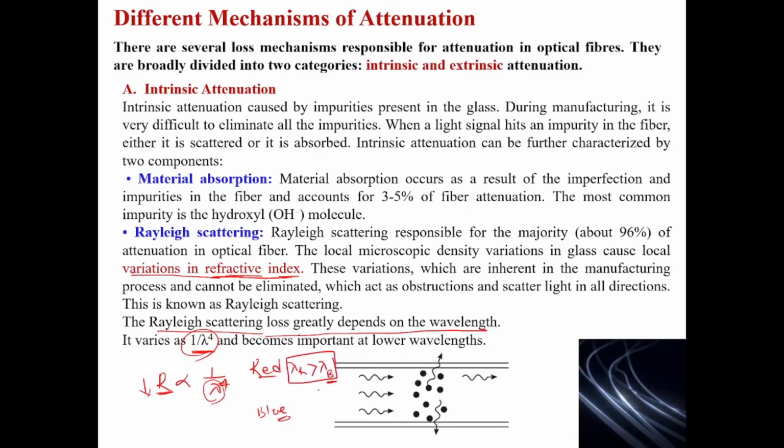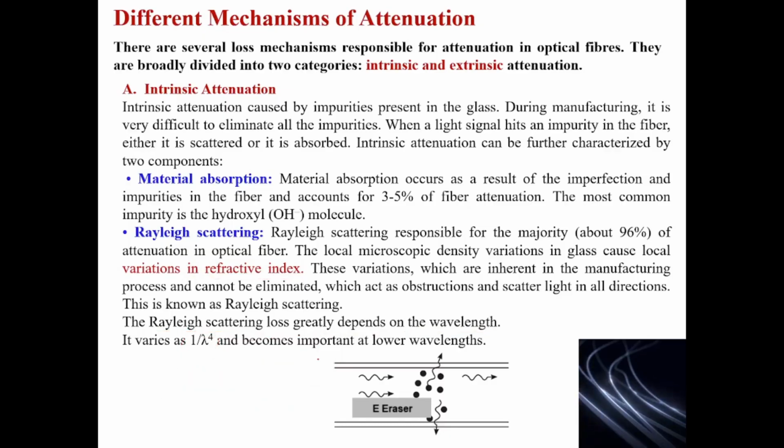So blue light will be scattered more, because Rayleigh scattering is inversely proportional to wavelength. For blue light the wavelength is less, so blue light will scatter more as compared with red light. So this is in short about intrinsic attenuation in the optical fiber.